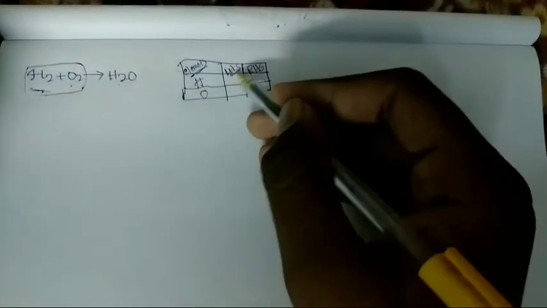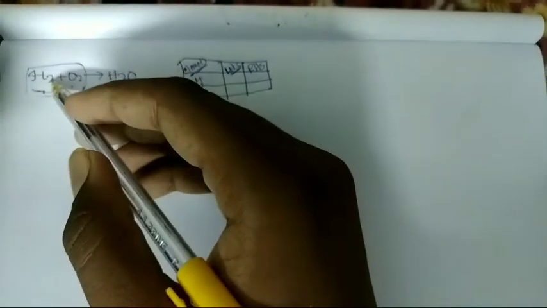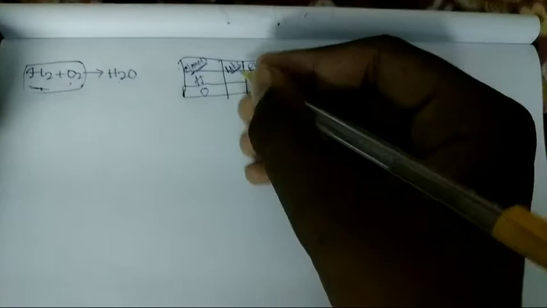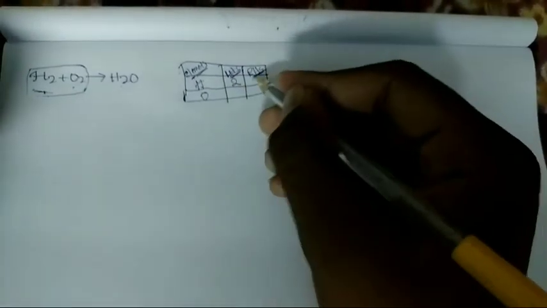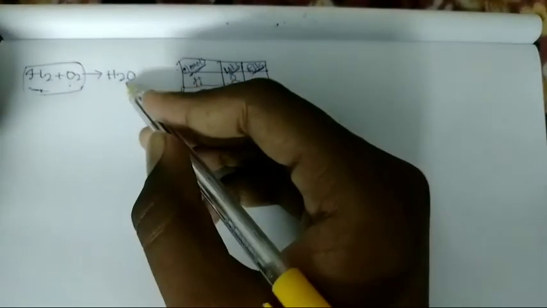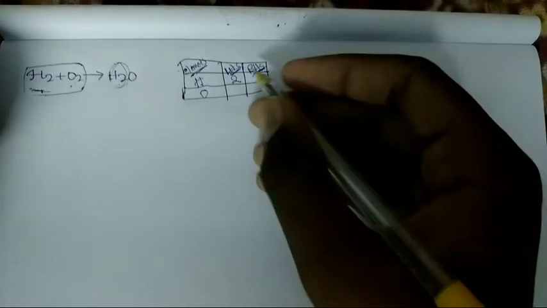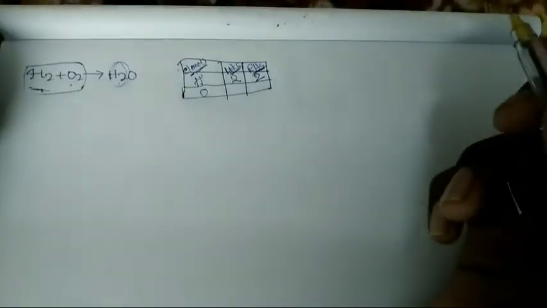On the left hand side, see how many hydrogens are there. H2 means 2 hydrogens. Yes or no? We shall write hydrogens on left hand side are 2, and on the right hand side you can see H2O, that means 2 hydrogens are balanced.